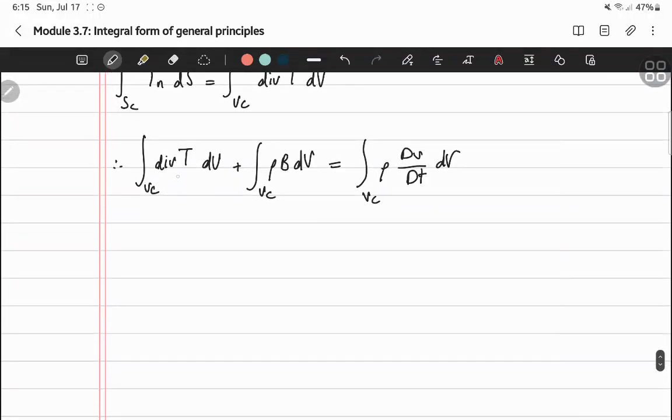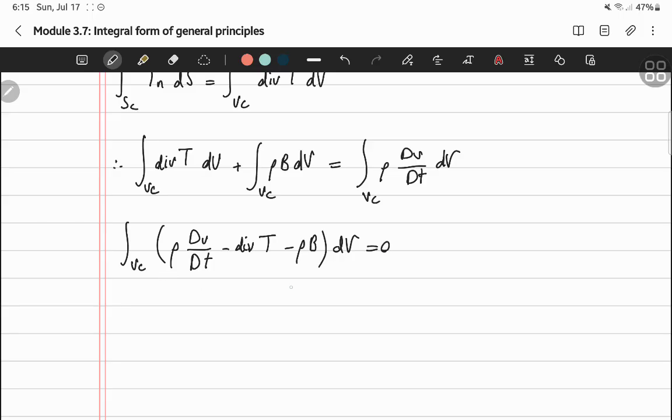Now we can take everything to the right hand side. On Vc, we have rho, and I factor out dv: dv/dt minus the divergence of T minus rho b dv is equal to 0.